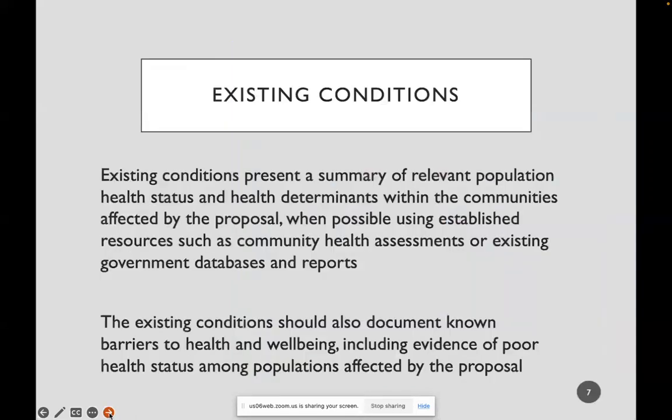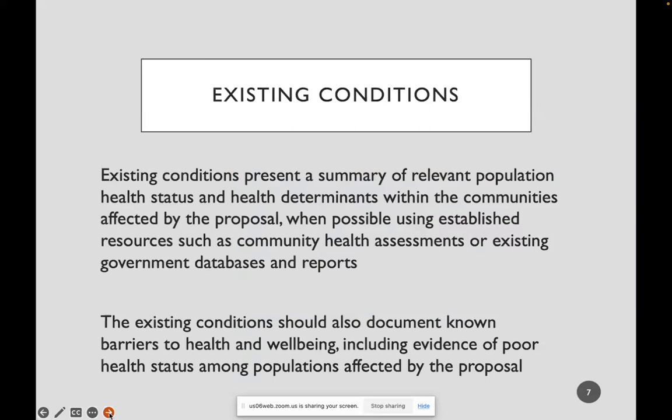And I'll talk a lot about that in just a few minutes. So the first thing you do in the assessment phase really is to think about your existing conditions. And so you want to look at the relevant population health status and health determinants within the community, because you've already identified your geographic and your demographic and your temporal parameters back in your scoping.